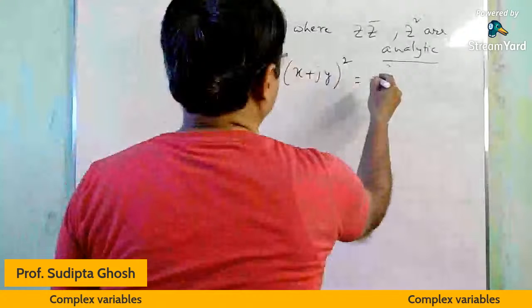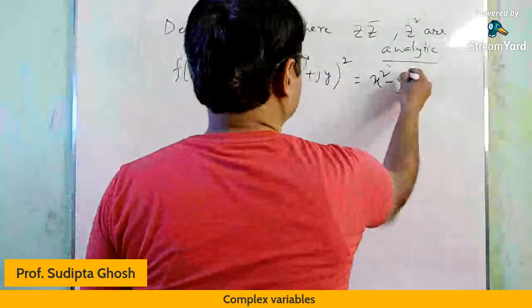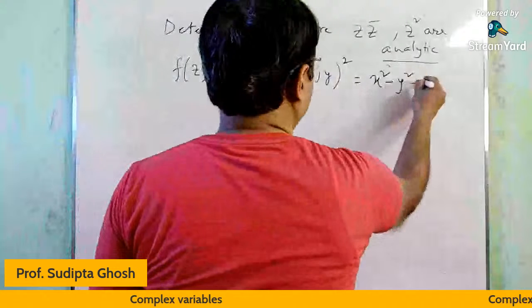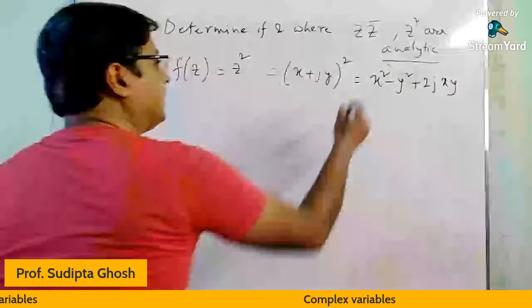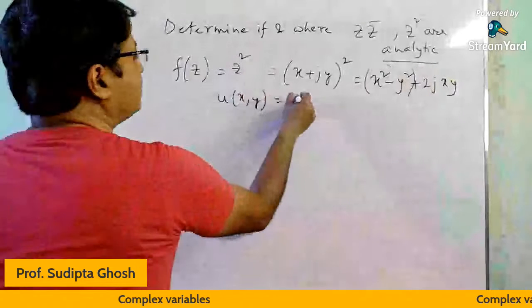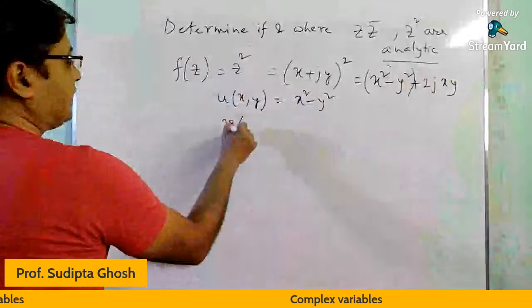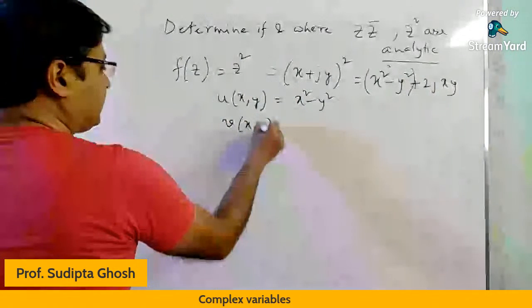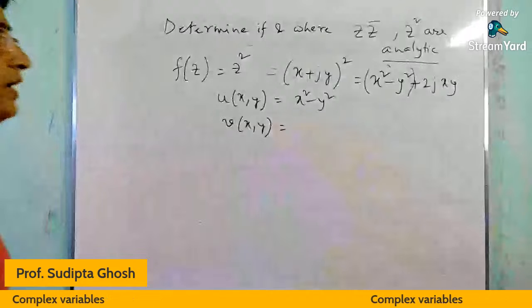It means x square plus j square y square, that means minus y square, plus twice j xy. So the real part u of xy is x square minus y square, and v of xy, the imaginary part of the complex variable, is twice of xy.